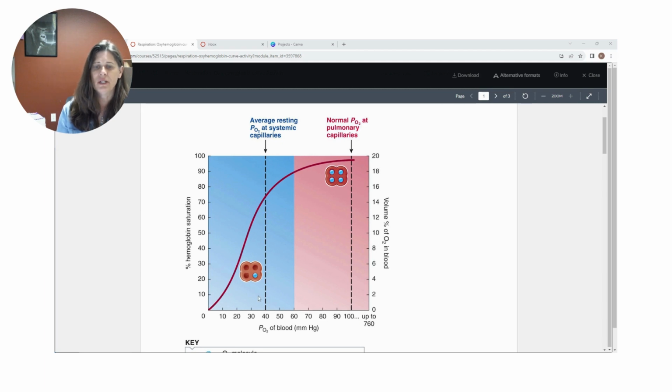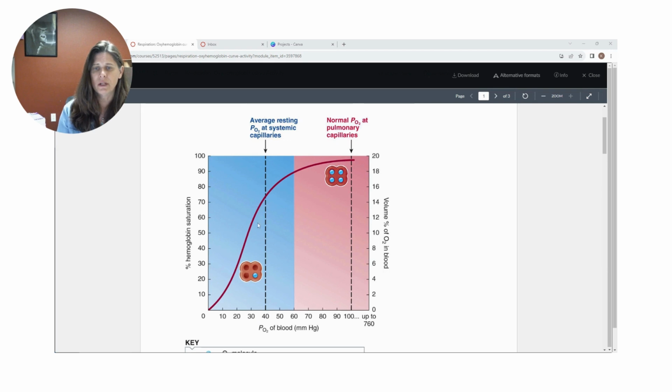At our tissues, where tissues are using oxygen, or in the venules or on the venous side of the capillaries, at rest, the partial pressure of oxygen is 40.